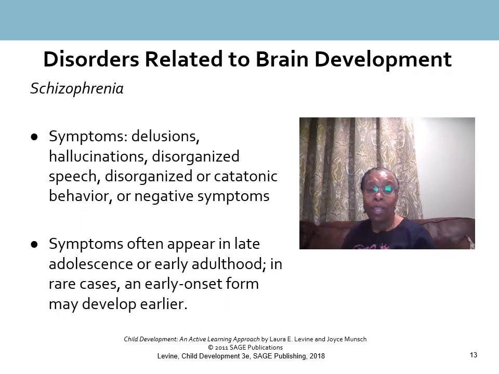Okay, so any type of symptoms, they're going to usually appear in late adolescence, and that's male specifically, really. It would be generally in late adolescence, and for females, we tend to find it happening in their late 20s to early to mid 30s.